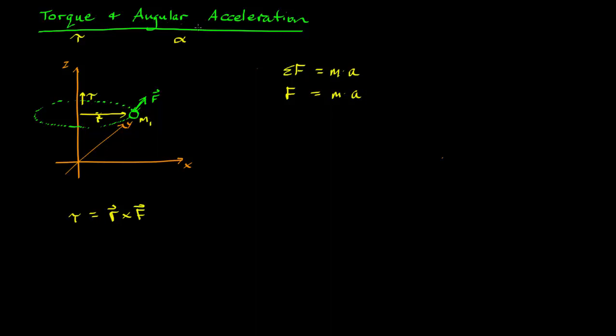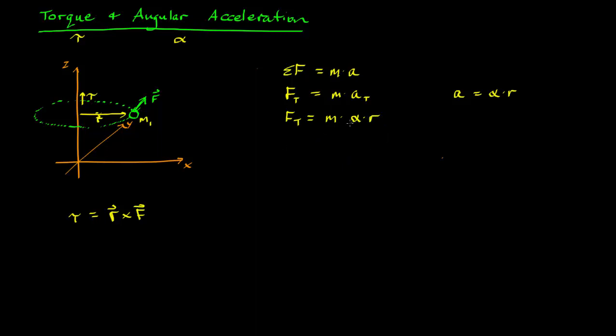And what we really want to get to is angular acceleration. Let's go ahead and put a T there just to clarify. So our tangential force creates a tangential acceleration. But remember that we can go from linear into angular by multiplying by R. So we get that the tangential force causes an angular acceleration of alpha times R.